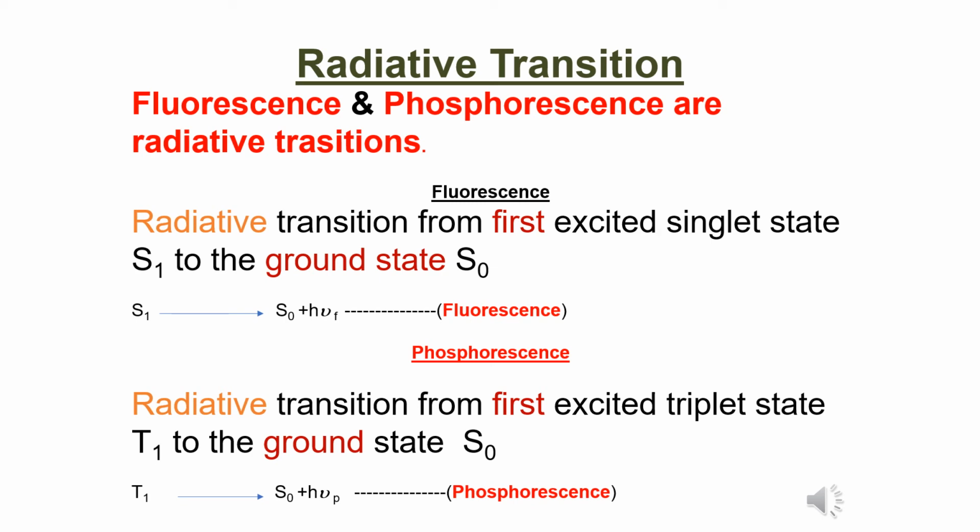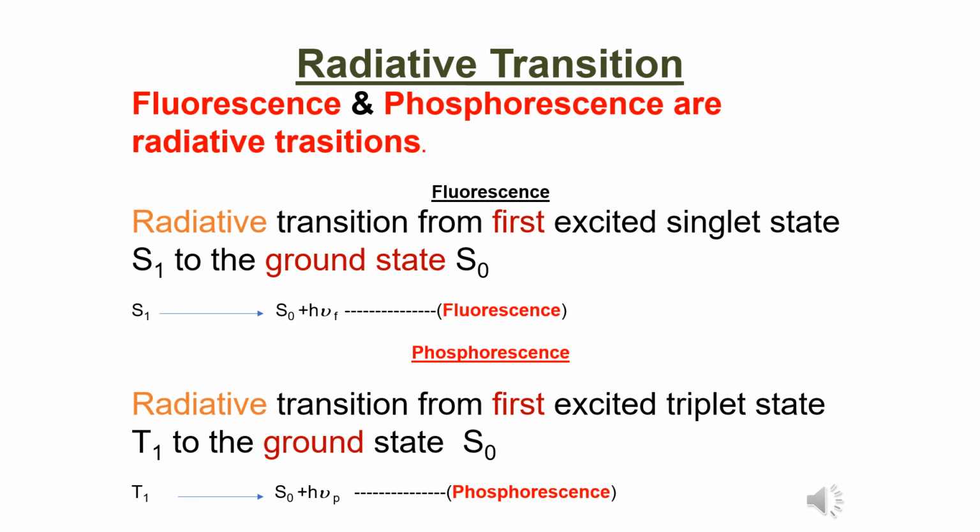But in the case of phosphorescence, that is radiative transition from first excited triplet state to the ground state. So excited singlet state to ground state, radiative transition, that is fluorescence, and radiative transition from excited triplet state to ground state, that is phosphorescence. Ground state is always singlet state. So this slide shows various radiative transitions.